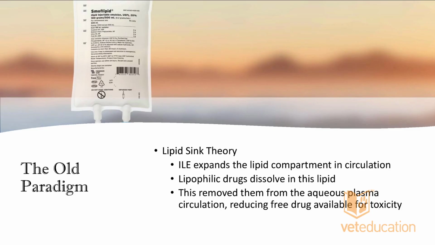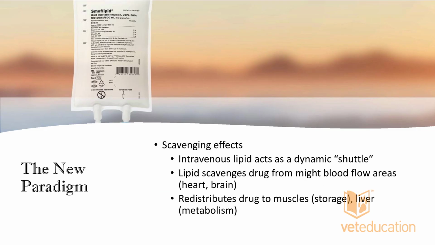And so any circulating drug would be bound by the intravenous lipid, and then it would be removed from circulation or excreted. So this binding or dissolving of lipophilic drugs within this lipid removed them from the aqueous plasma, and that just reduced the amount of free drug that was available to bind to receptor sites and cause toxicity. And that seems like a pretty reasonable theory.